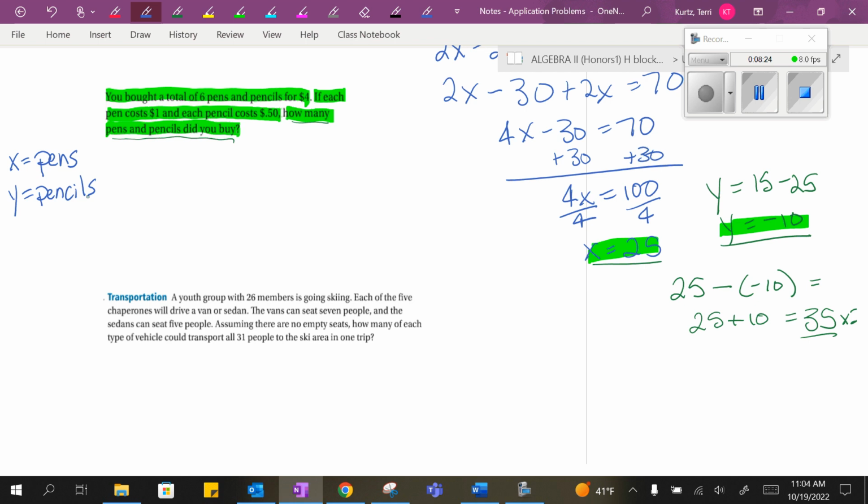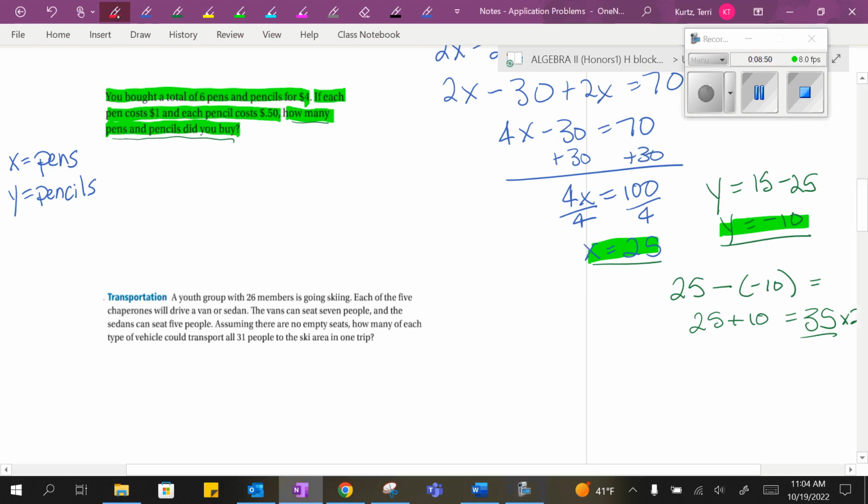And now it says you bought a total of 6 pens and pencils for $4. Okay, so here we have a couple different things going on. We're told the quantity that we bought, which is 6 total, and we're also told how much they cost. So we're going to set up two different equations, one about the quantity that we bought and one about how much money it cost.